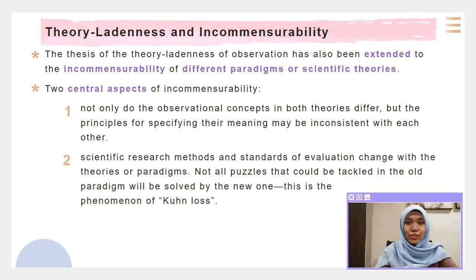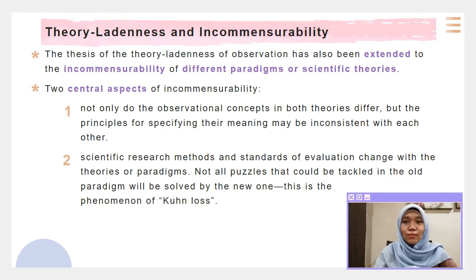The thesis of theory-relatedness of observation has also been extended to the incommensurability of different paradigms or scientific theories. There are two central aspects of incommensurability. First, not only do the observational concepts in both theories differ, but the principles for specifying their meaning may be inconsistent with each other.